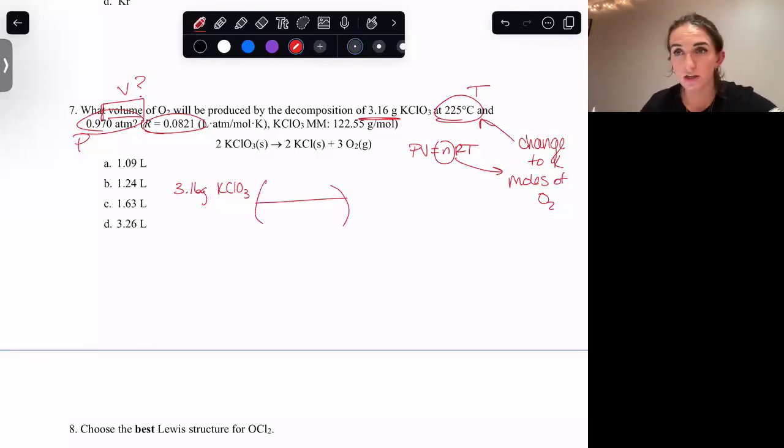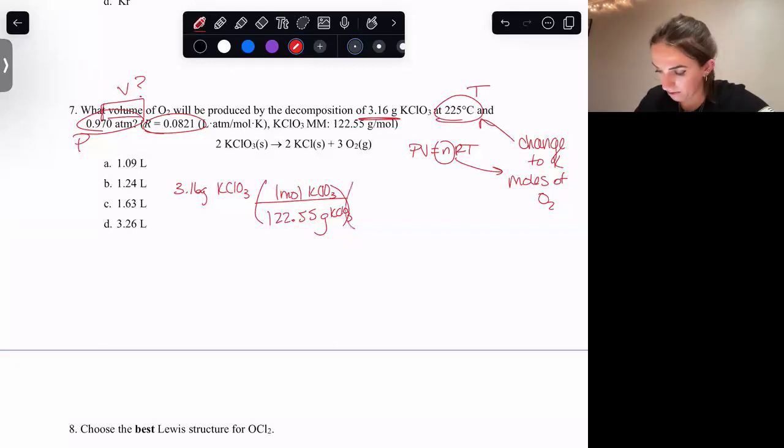So, right, just like we did for exam 1, we're going to take our grams and use our molar mass to get to moles of KClO3. And then what do you do to get to moles of oxygen? Good, we have our stoichiometry.